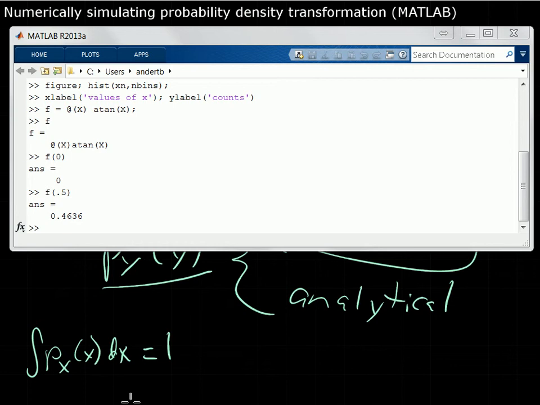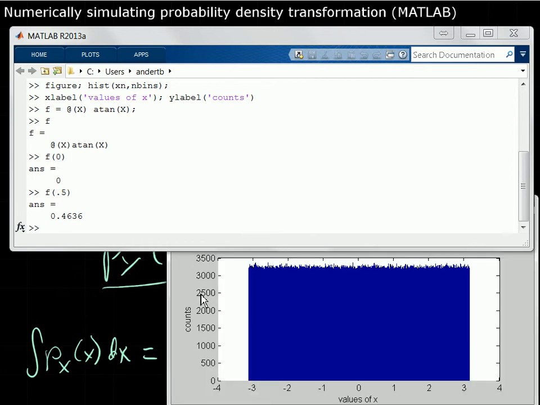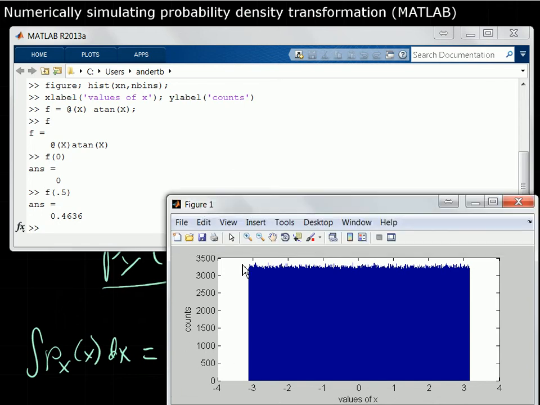Instead of this vertical axis being in terms of counts, we make it so that the area is 1. And here's how you can do that.